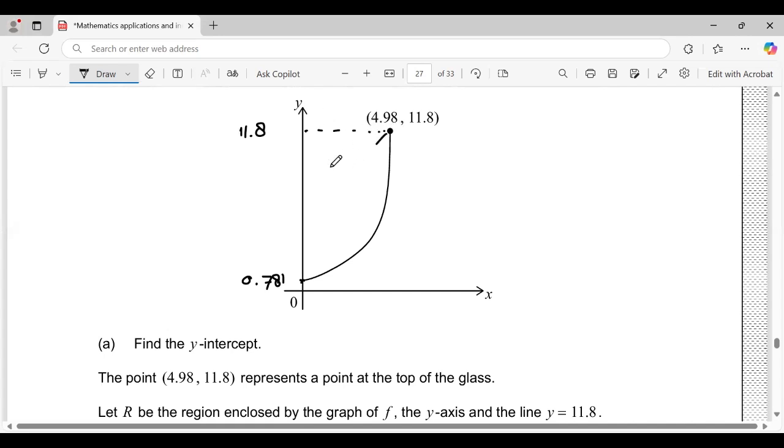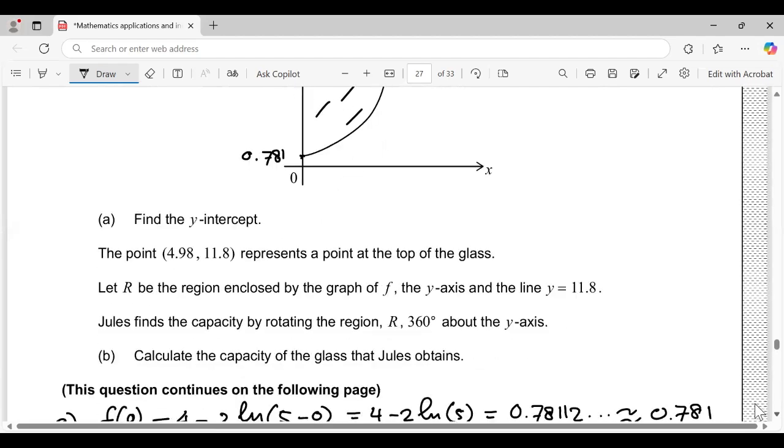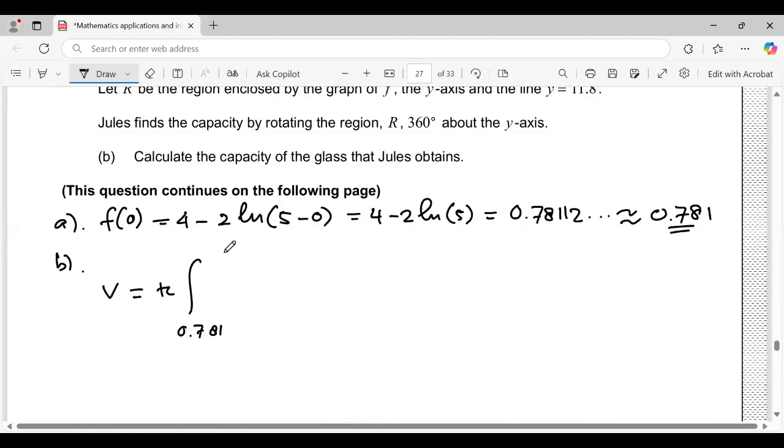So the volume when it's rotating about the y-axis is pi times the integral to 11.8 of x squared dy.